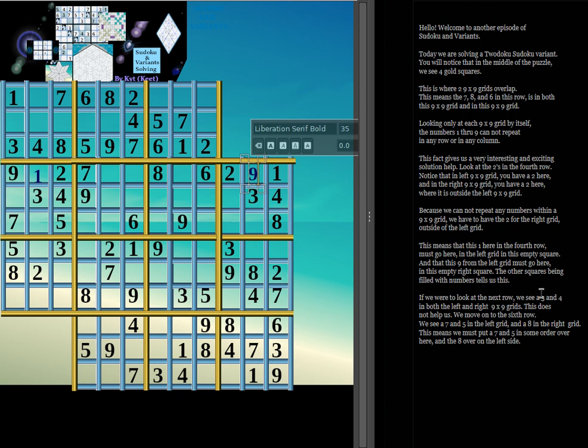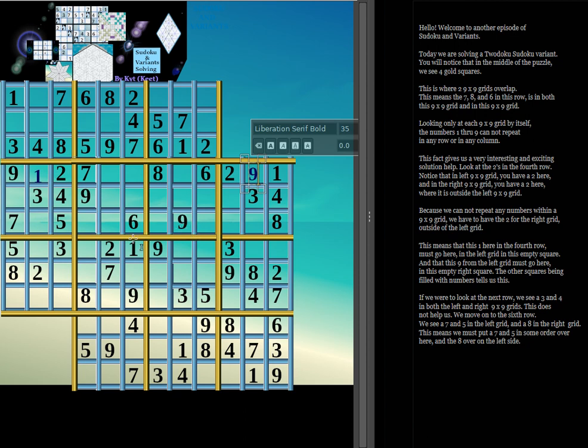The other squares being filled with numbers tells us this. If we were to look at the next row, we see a 3 and 4 in both the left and right 9x9 grids. This does not help us.